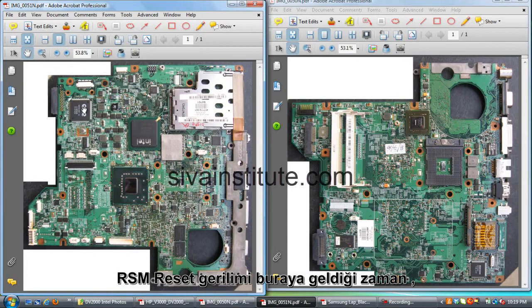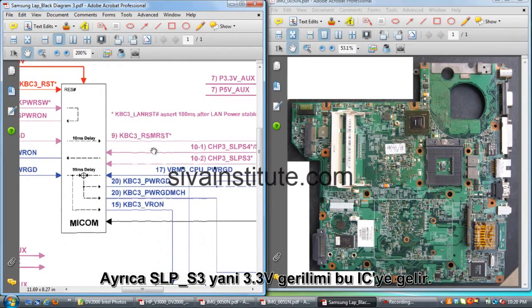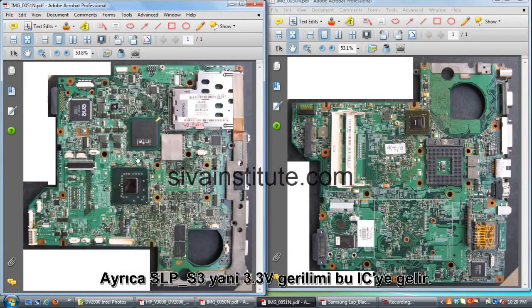When the RSM reset voltage comes to this IC, it releases SLP S4 and S5 3 volts to this IC. SLP S3 voltage 3.3 volts also goes to this IC, the microcontroller IC.